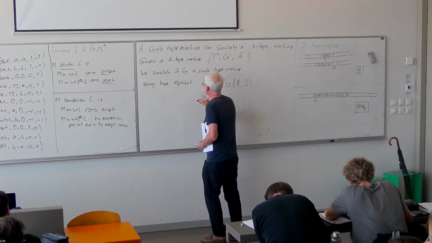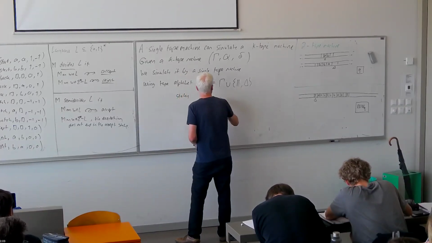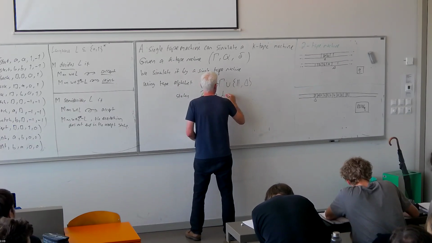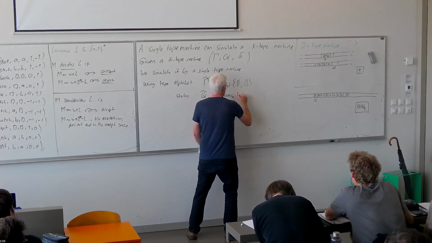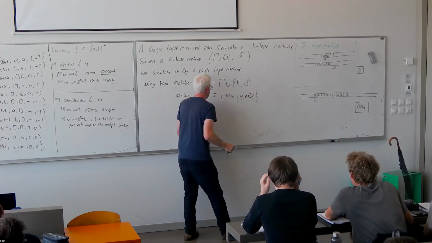And states Q twiddle, which is going to be a superset of states, so it's going to include the state now Q, a little cube for every control state of the original machine.